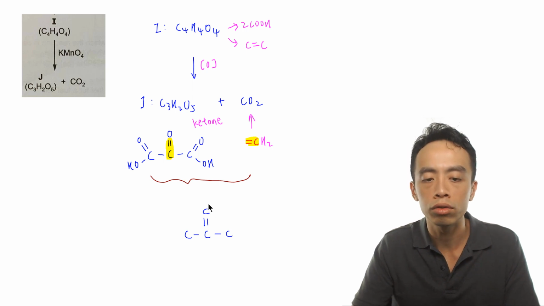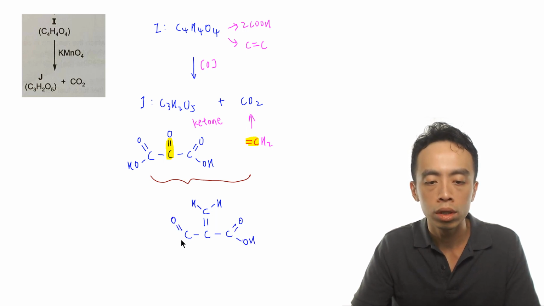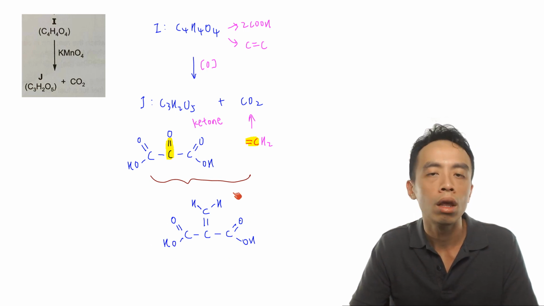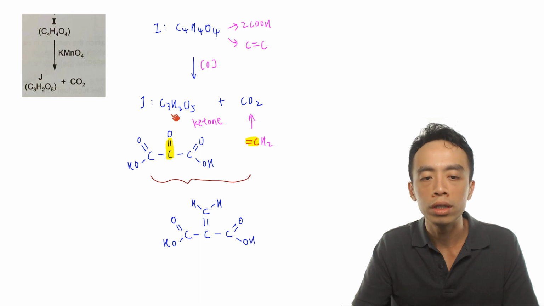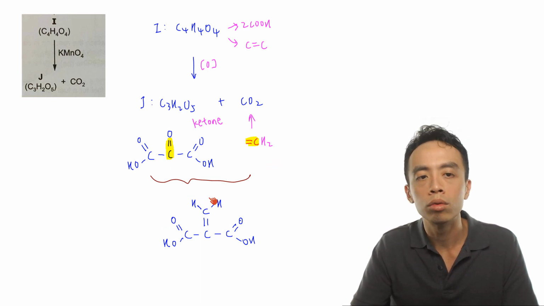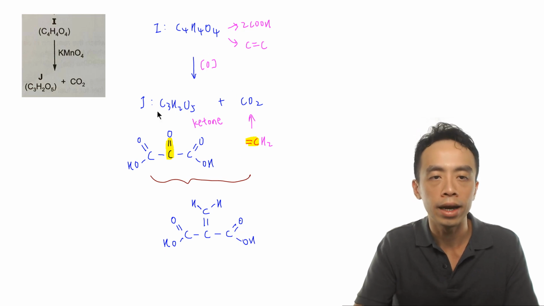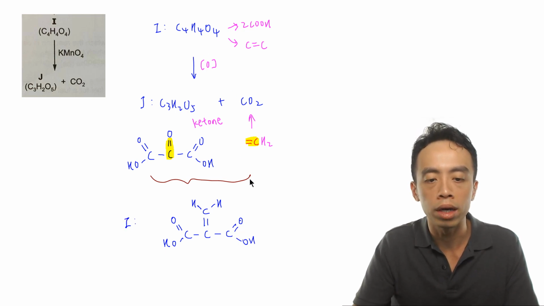So if I put in the functional group, this will be a hydrogen and a hydrogen. And this is supposed to be an acid group. This is also the acid group. So this alkene on oxidation will give me J and CO2. So what this means is, this will be the identity of I. I will be this compound here.